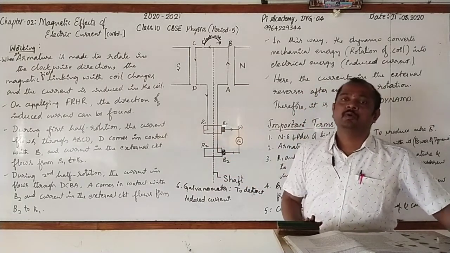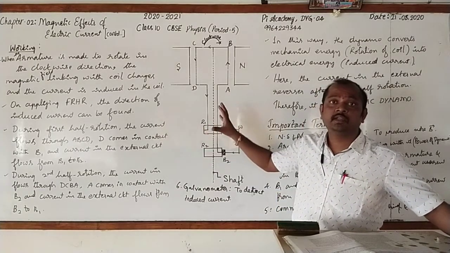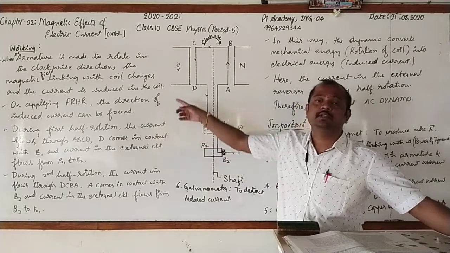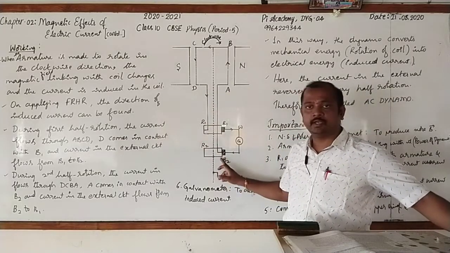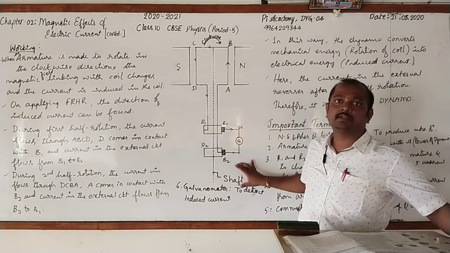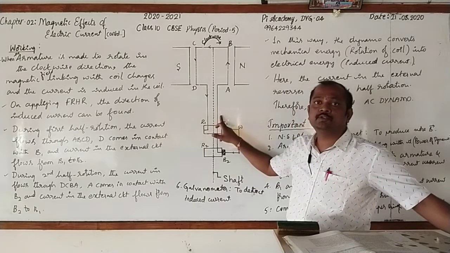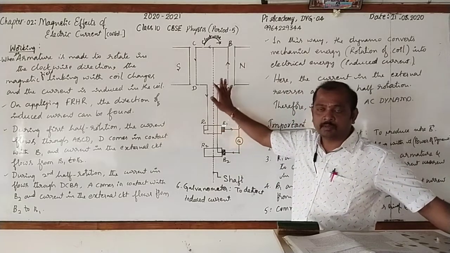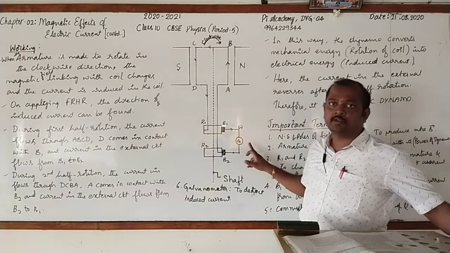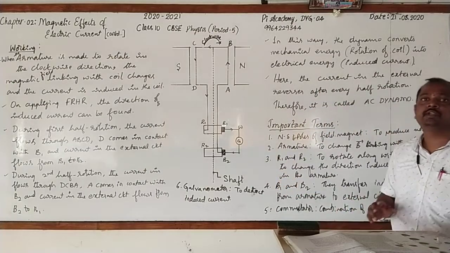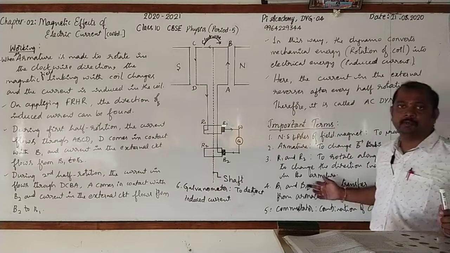The main function of these two rings is to reverse the direction of induced current in the coil. Then B1 and B2 are the carbon brushes which transfer the induced current from the coil, nothing but the armature, to the external circuit. Then G is the galvanometer, which is used for detecting the induced current. Yes, please copy these points. Very important.